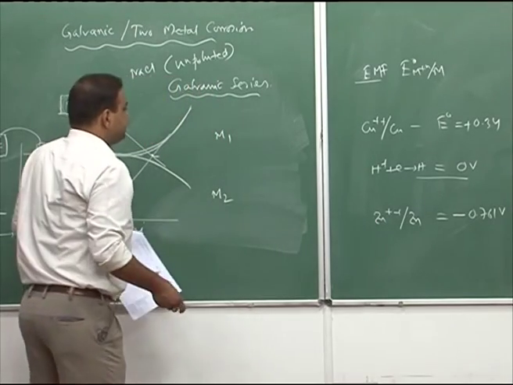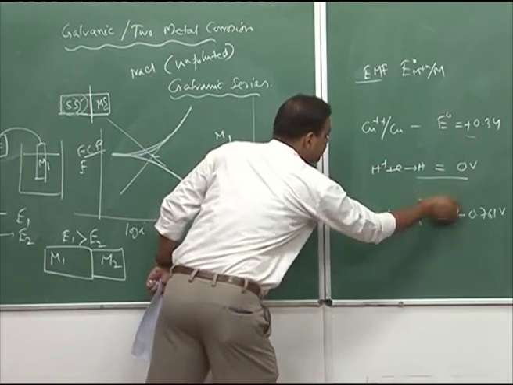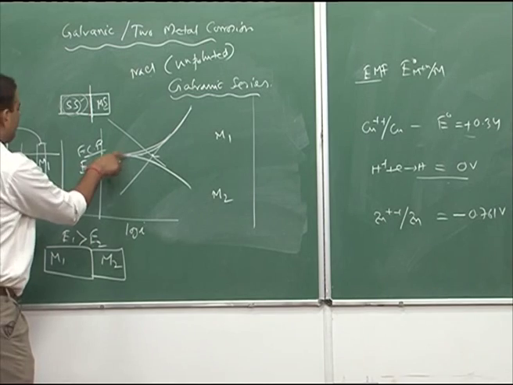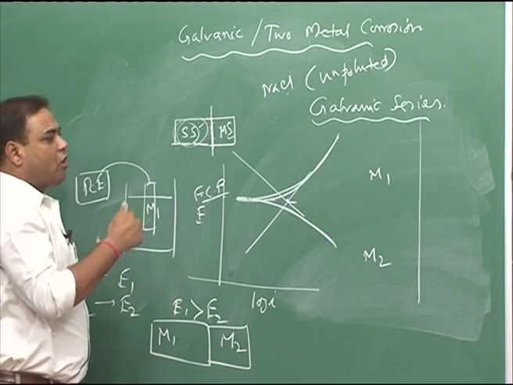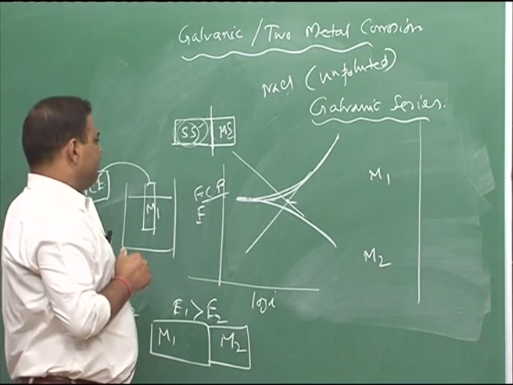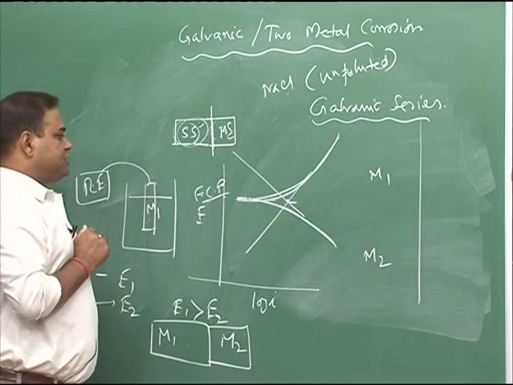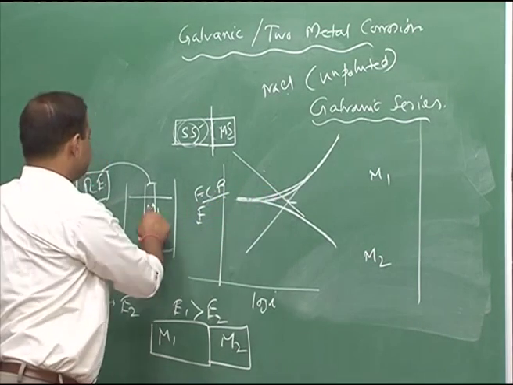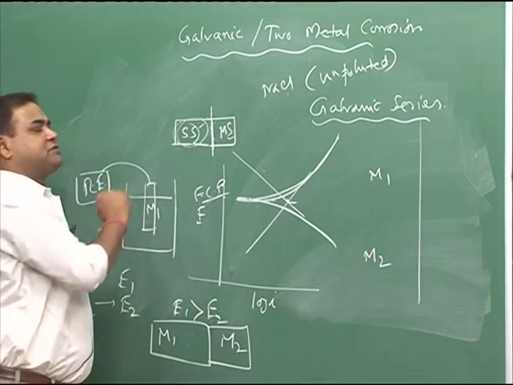But in case of the galvanic series, we have to just see the relative behavior of all those metals or elements or different corrosive species, for example dissolved oxygen, what is basically the relative position as per the free corrosion potential in a particular solution.